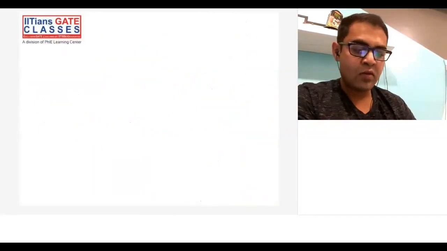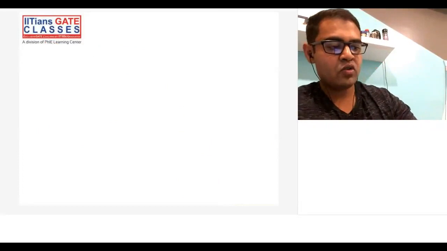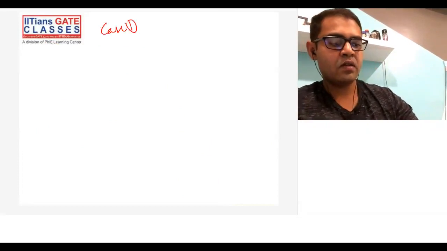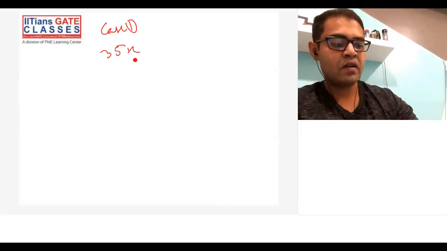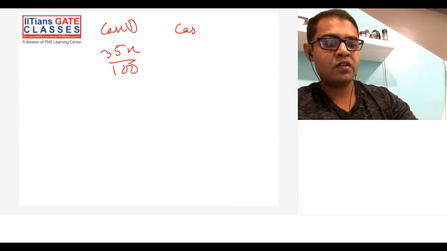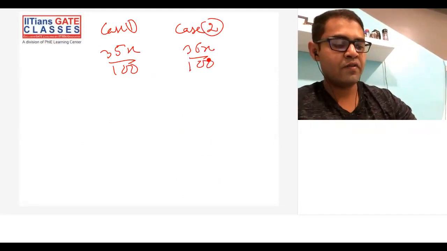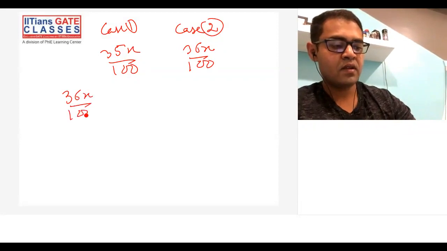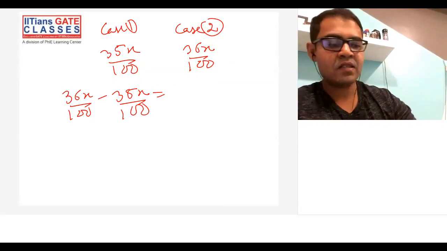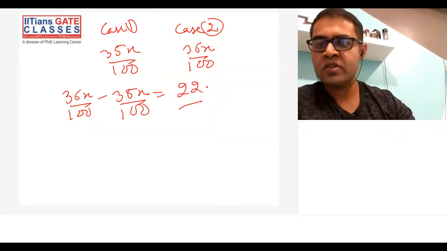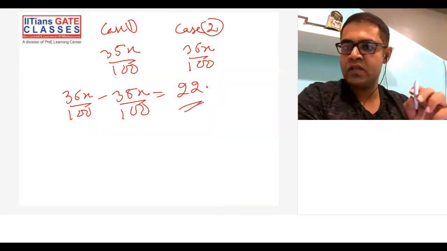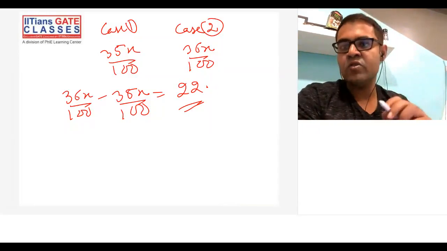So how much more discount? In case 1 we got 35x by 100. In case 2 we got 36x by 100. So the difference is 36x minus 35x by 100, and they are saying this is equal to 22 rupees. If you read the question, they say the difference of the discount in both cases is 22 rupees.